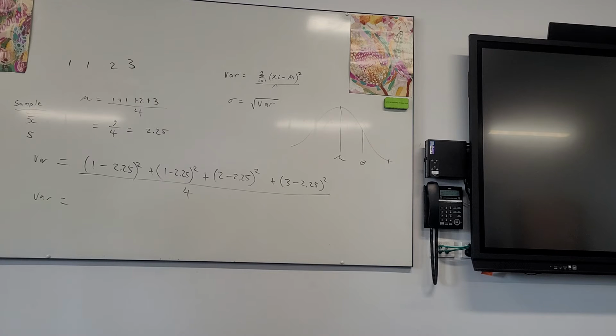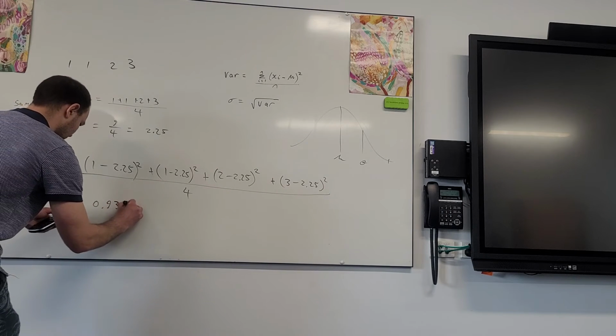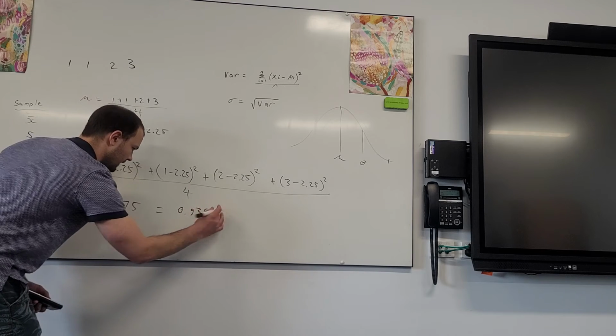It's going to take a little bit. Squared divided by 4, I've got 0.9375, or to 3 significant figures, 0.938.